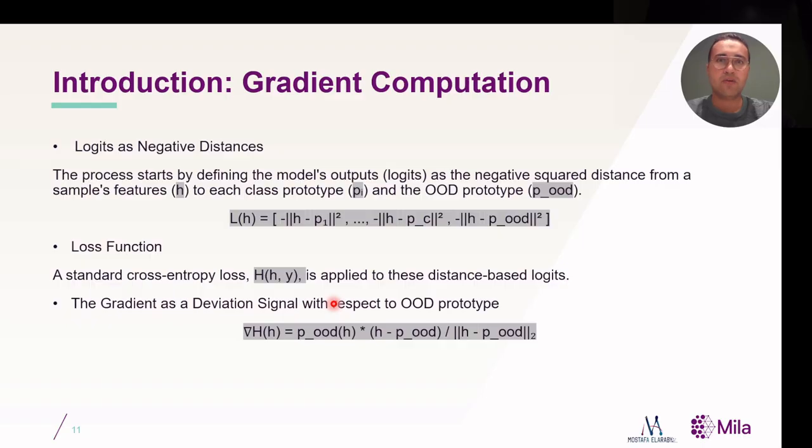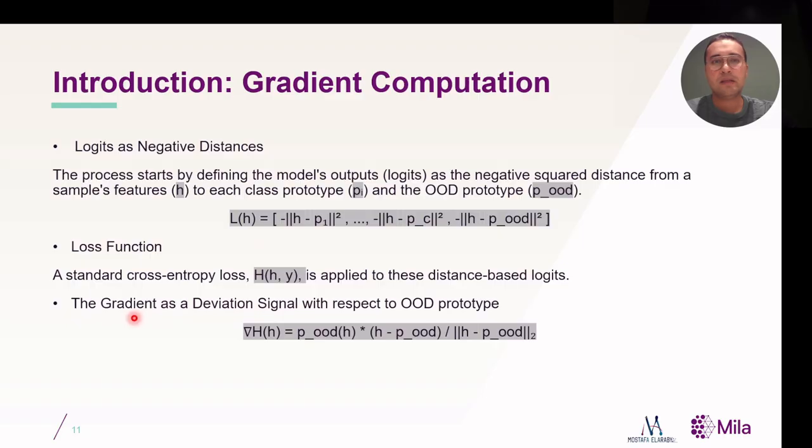Okay, so now let's talk about the gradient computation. How do we compute the gradients? So logits will be negative distances to in-distribution and out-of-distribution prototypes, which means if you have a higher distance, its logit value should be lower. And for our loss function, we use the standard cross entropy loss on those distances, treating them as input logits.